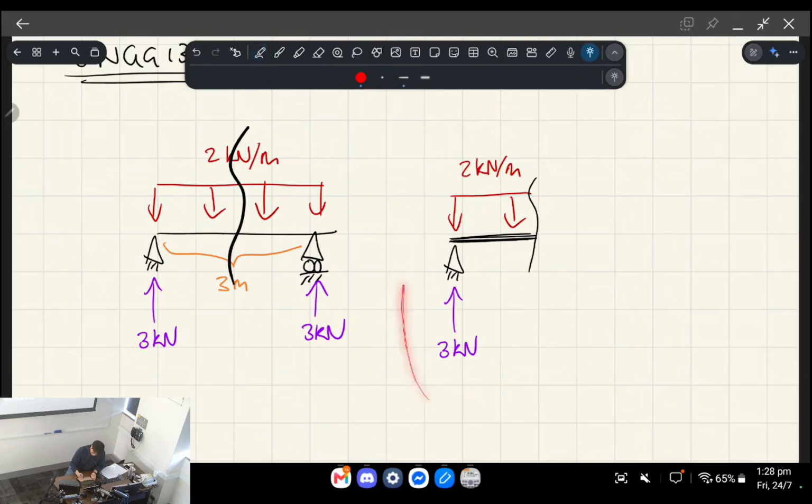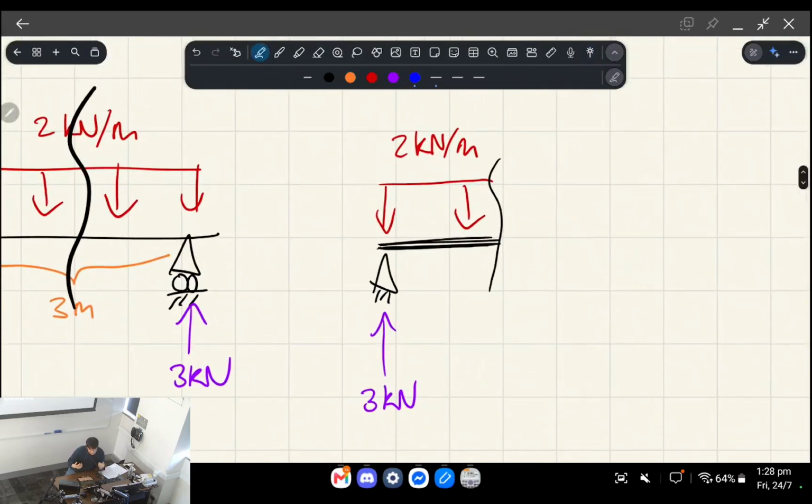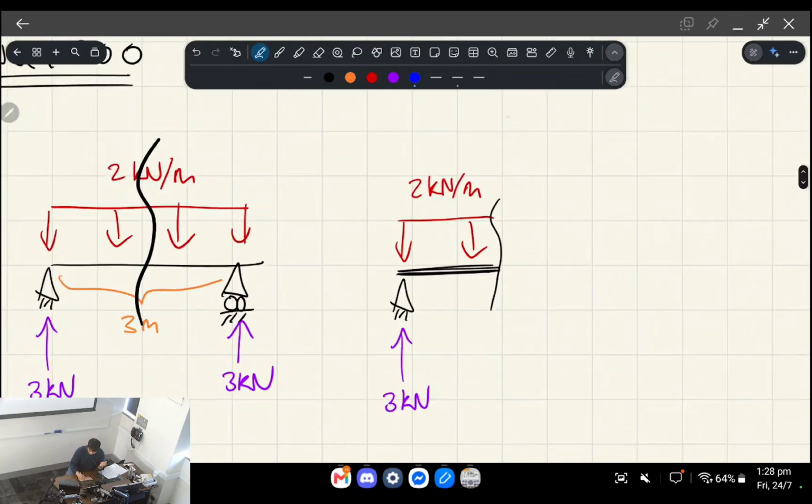So what I'm trying to say is the overall system is balanced in equilibrium. In other words, we know that the beam's not moving, right? However, if we slice it, you can see that it's imbalanced, right? Because there would be more upwards pushing load than there would be downwards facing load, right? The way that the beam naturally equilibrates the forces is through internal forces, okay? So internal forces.